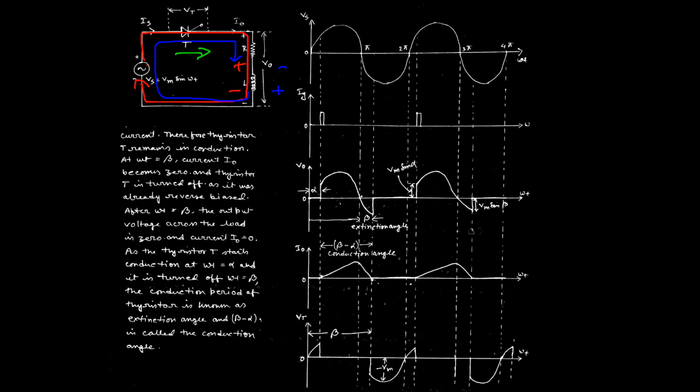The discharging current flows from this part to the supply, then the thyristor, and then the resistance. That means in both cases, the charging current and the discharging current of the inductor flow across the load in the upward to downward direction.